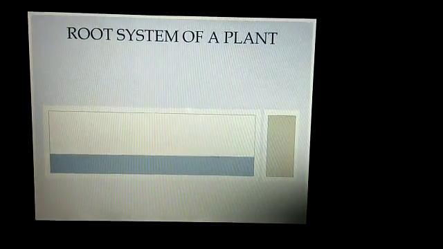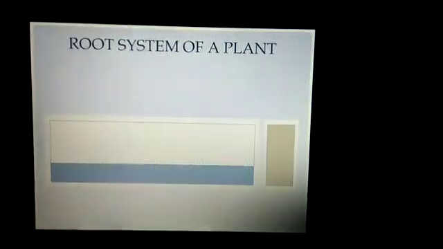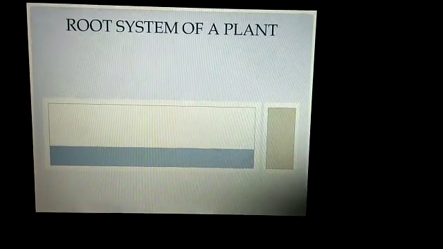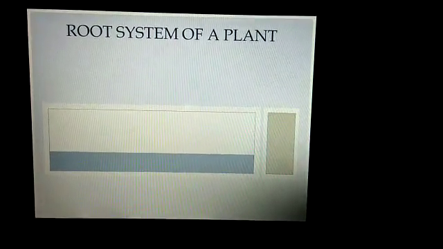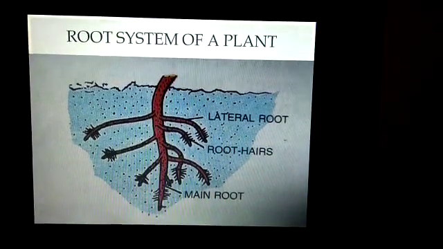But before going to see about the absorption of water by xylem cells, first see the root system of a plant. Plants have a main root system.